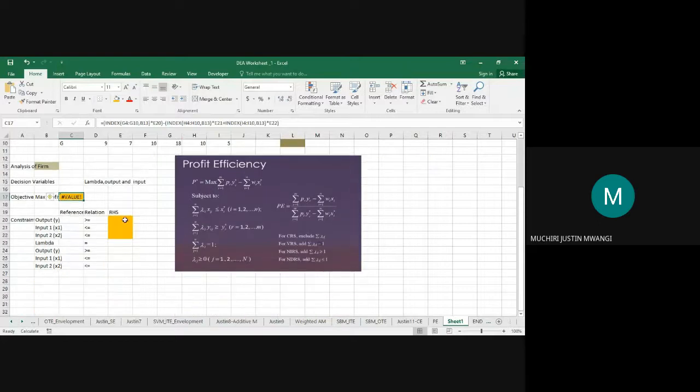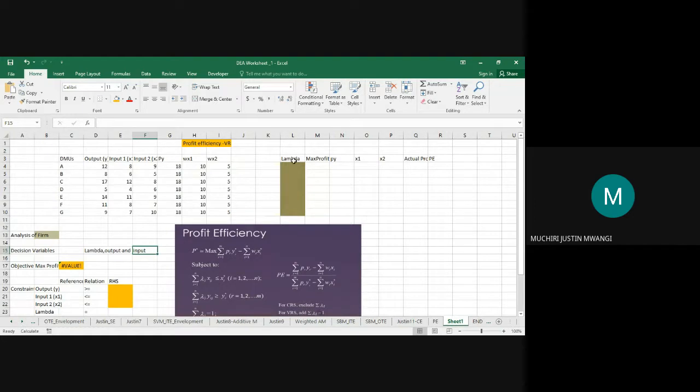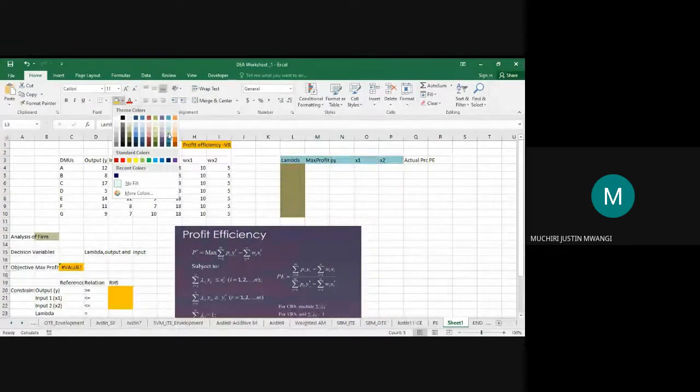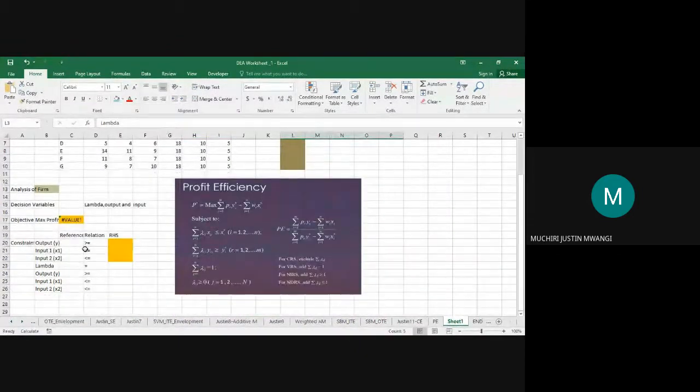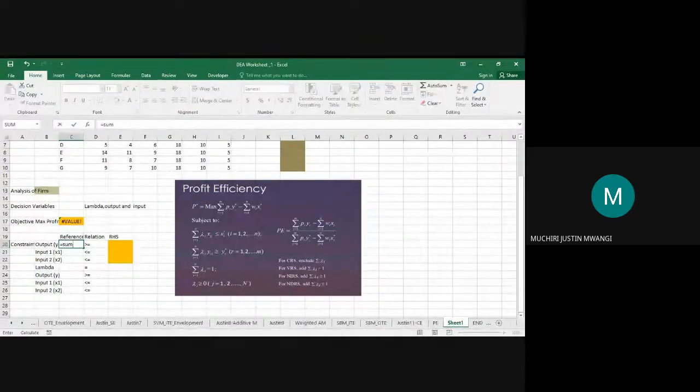Right. So the second aspect we now look at, these are the optimal values. You're going to compute the value of lambdas, output and input as highlighted here. We can highlight them: the first optimal output, second, and the maximum profit. So in here, you also need to get the sum product.